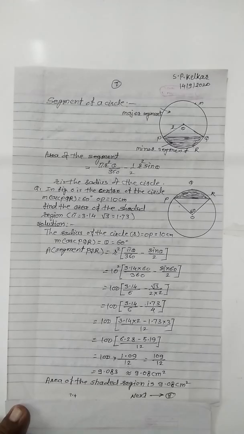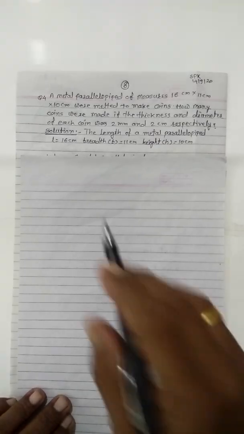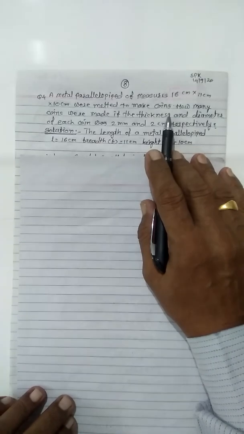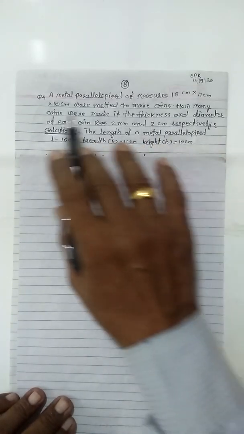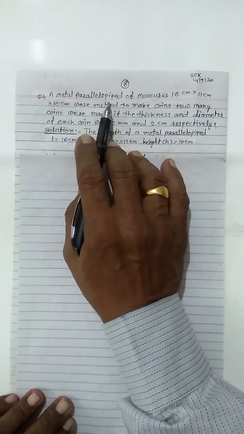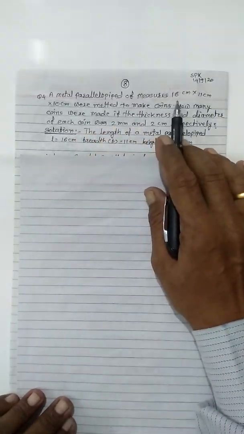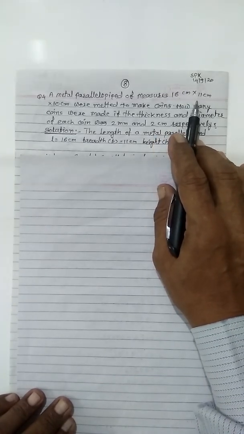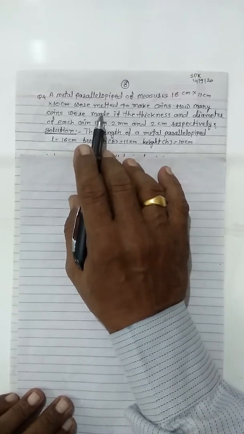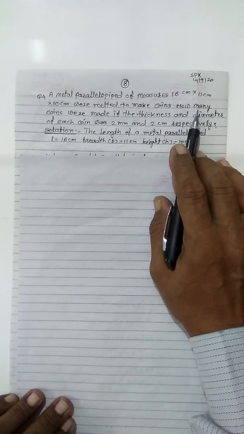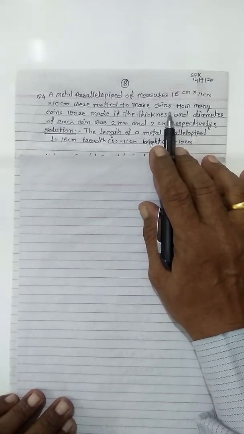We can see again one more example, that is, this example is taken from problem set 7. A metal parallelepiped of measure 16 centimeter into 11 centimeter into 10 centimeter was melted to make coins.